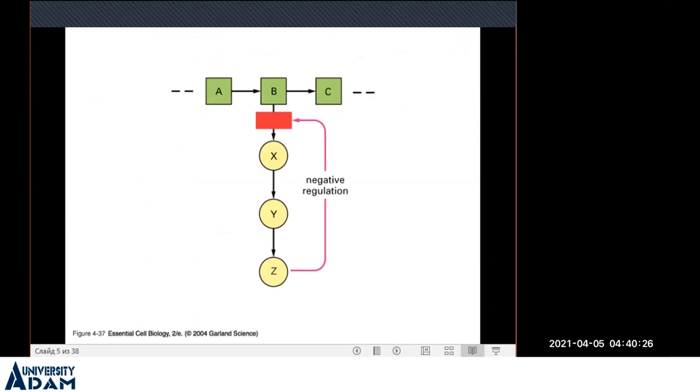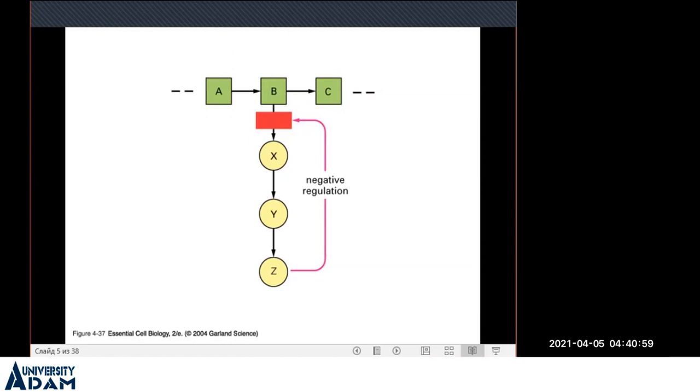Some enzymes have negative regulation, and this will be negative feedback regulation. For example, the final product can block some of the first stages of the reaction.